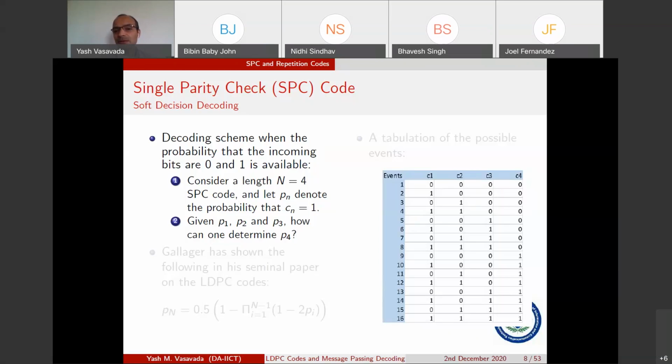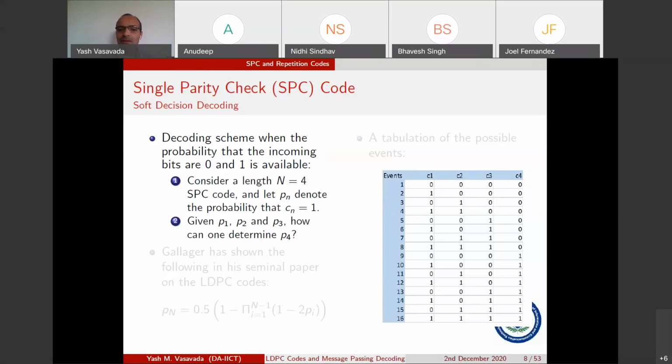Sir, we can consider a conditional event like the probability of P4 equals 1 given P1, P2, P3, and use Bayes theorem. Yeah, that is the way to proceed. But how will you do that? Each event is an independent event, no, sir?